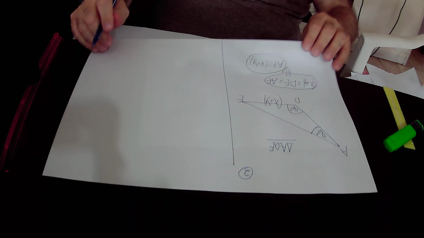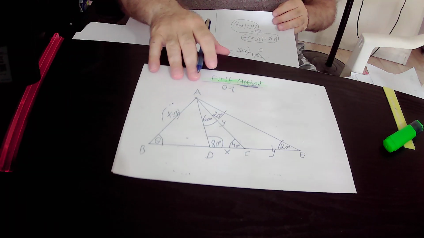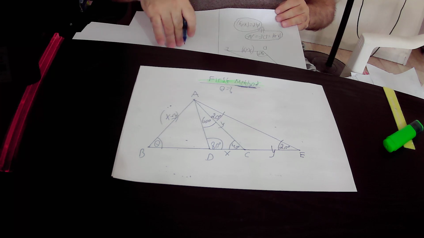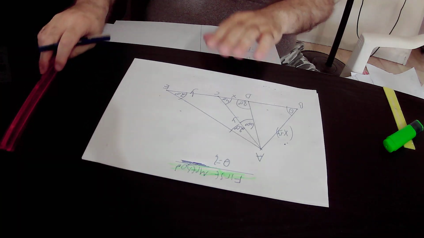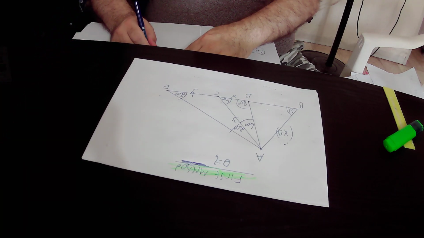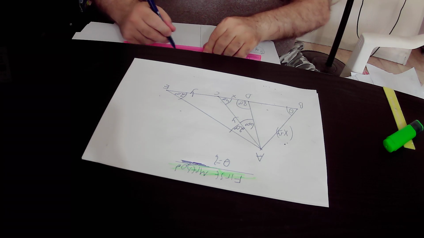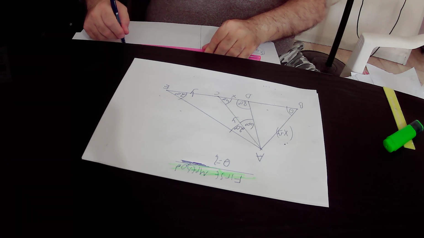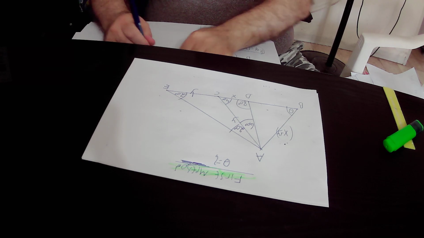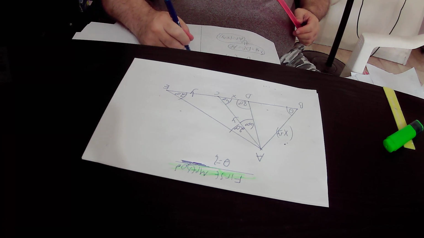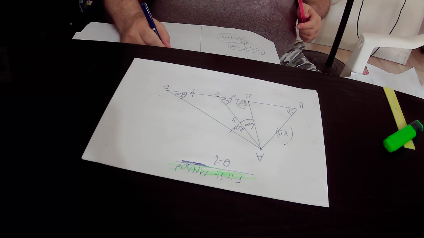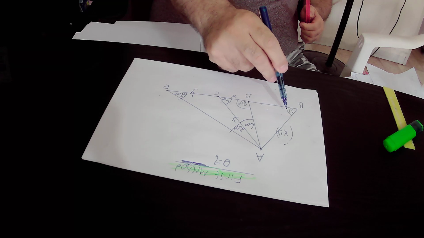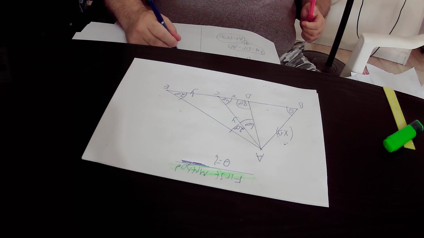In the next step, I will copy the triangle ABE in this page and we will analyze triangle ABE. So this is triangle ABE, the big triangle. Side AB equals x plus y, according to what is given us in the question. Angle ABC equals theta, according to what is given us in the question.